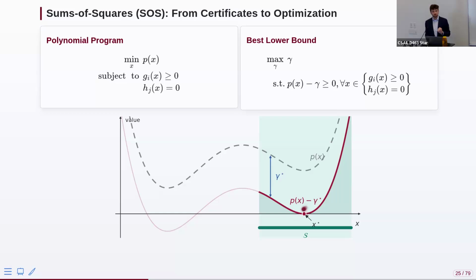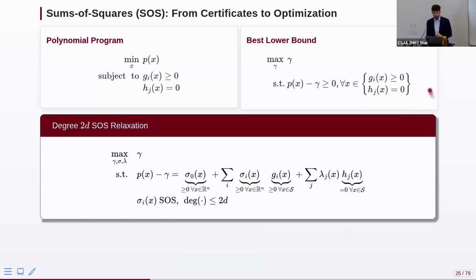Now, this looks like I haven't done much, but remember that I showed you a method for checking whether a polynomial is positive on a set I care about. So by replacing this condition right here with the sums of squares type relaxation, which again is a way of proving that this polynomial is positive, I'm going to generate a family of semi-definite programs that approximate this problem better and better.